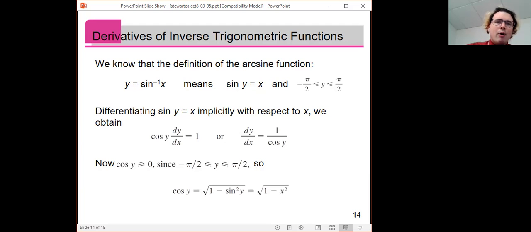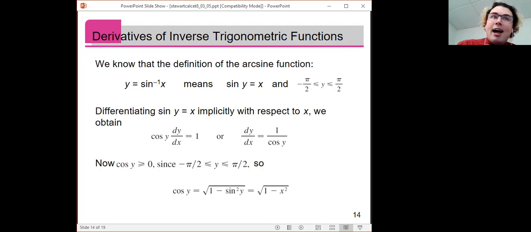So a single cosine of y should be the square root of that stuff, right? Now, I need to know that the cosine function is positive so that I know it is in fact the square root of that business and not minus the square root of that business. So I see cosine of y is equal to the square root of 1 minus sine squared of y.